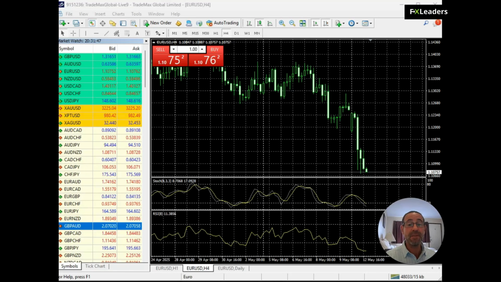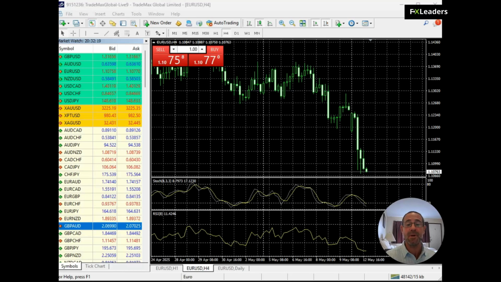The bid price, on the left, the 110.75, is what you get when you sell the pair. The ask price, the one on the right side, the 110.76, is what you'll pay if you buy the pair. And the difference between these two, that 1 pip, 0.0001, is what you call the spread, all right?